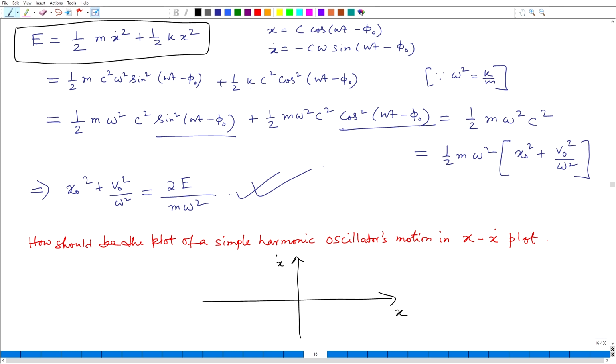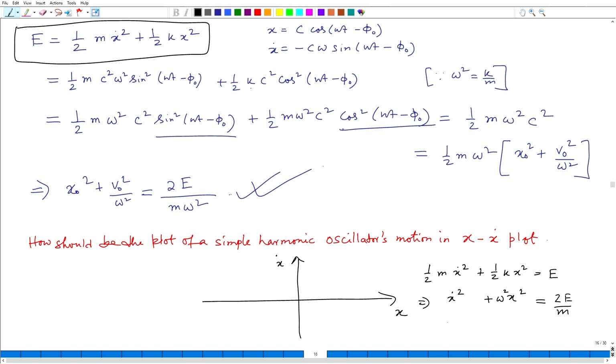The correct way of writing this in a compact way is half m x dot square plus half k x square is equal to E. If I multiply everything by 2 by m, this gives x dot square plus omega square x square is equal to 2E by m, and omega square is nothing but k by m.